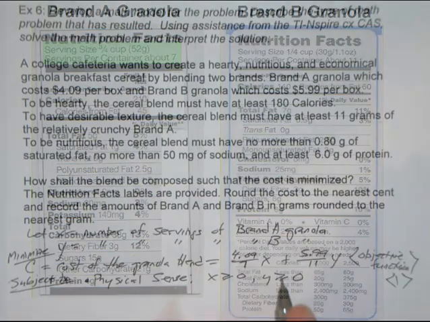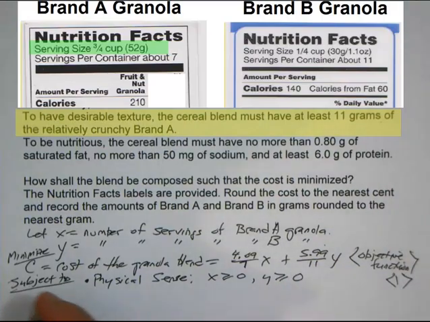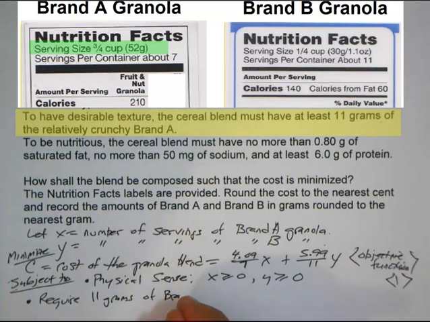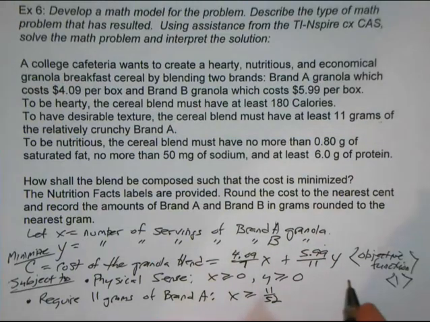So this requirement of 11 grams of brand A translates into x greater than or equal to 11 over 52. Okay, good. Let's see, what is next?